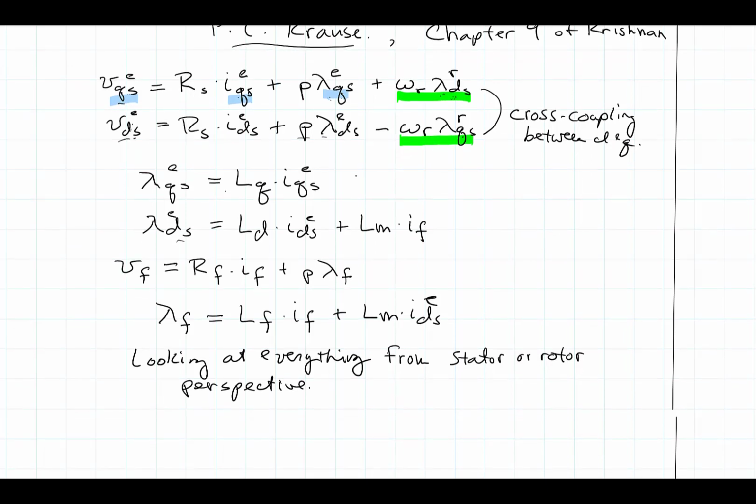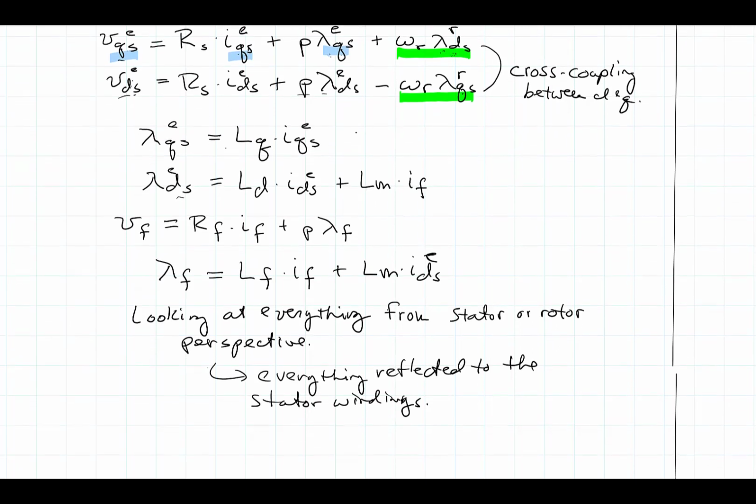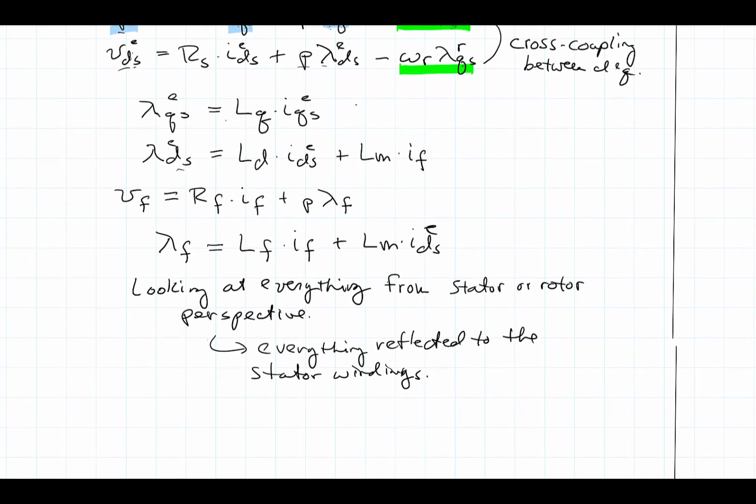What I've done is assume everything is reflected to the stator windings. I don't have any primes or anything else. Just accept that. Reflecting them doesn't mean anything more than what has happened to my inductance values in particular.